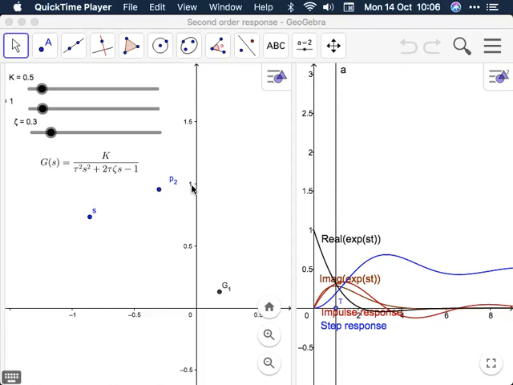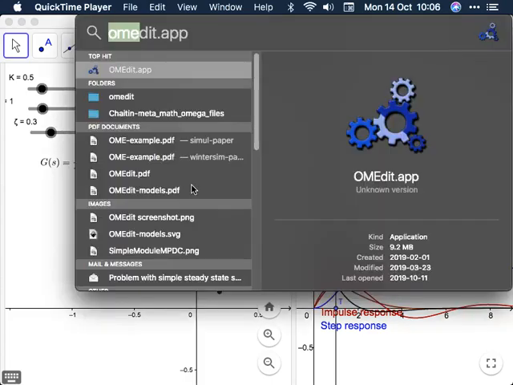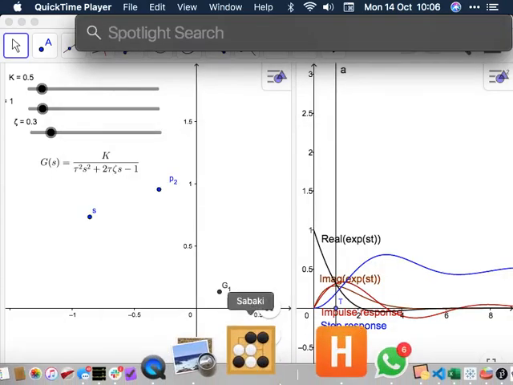We were talking about this idea of understanding the way that systems respond to any kind of signal by understanding the way that they respond to sinusoidal signals.